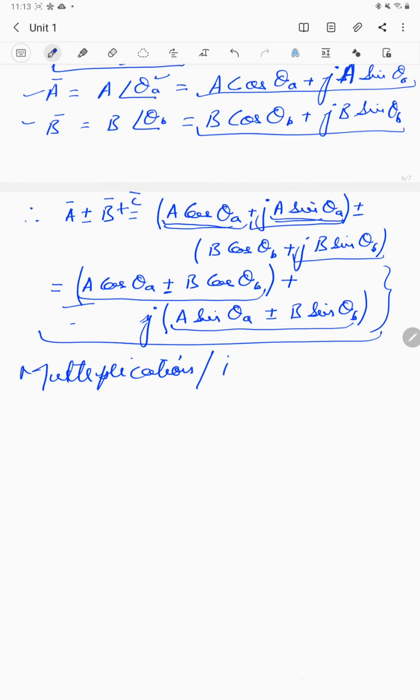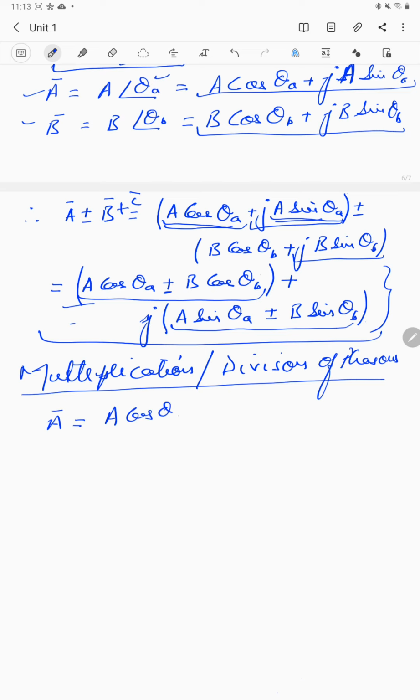Multiplication and division of phasors. So simply again we are representing the same phasors over here. A we have represented in the last one as A cos theta A plus j A sin theta A. So for multiplication and division, the phasors should be in polar form.